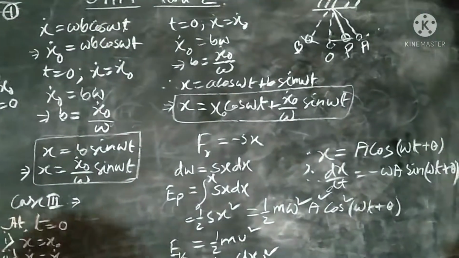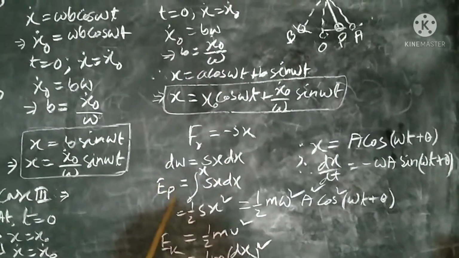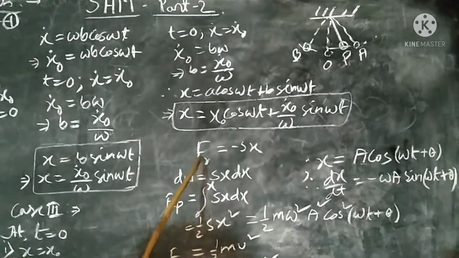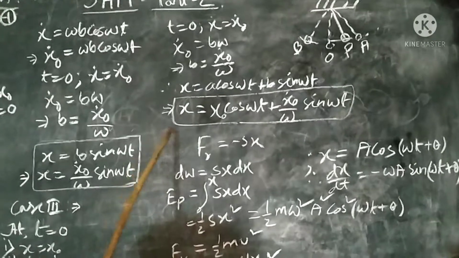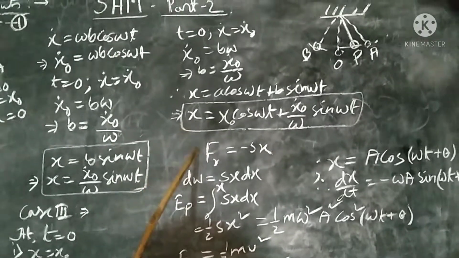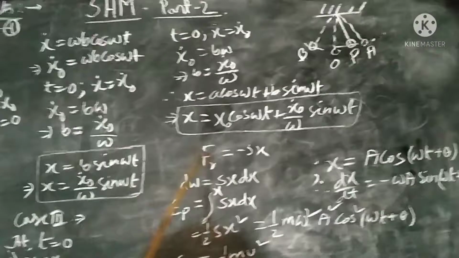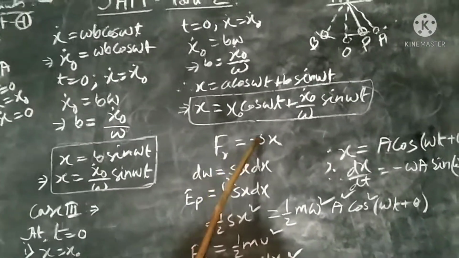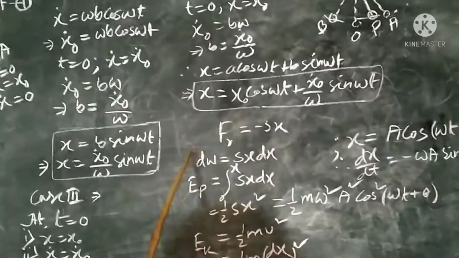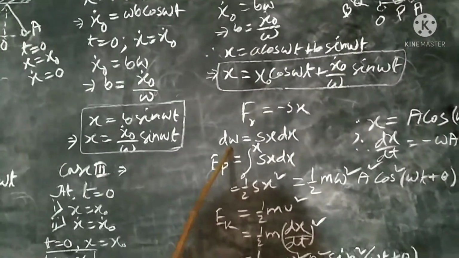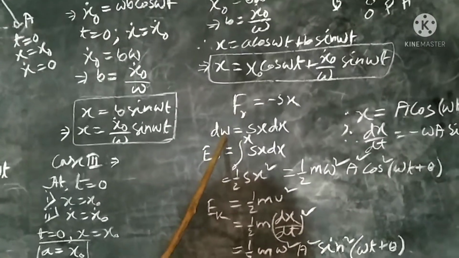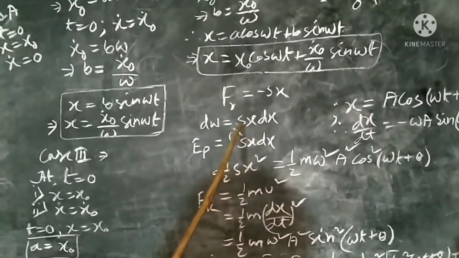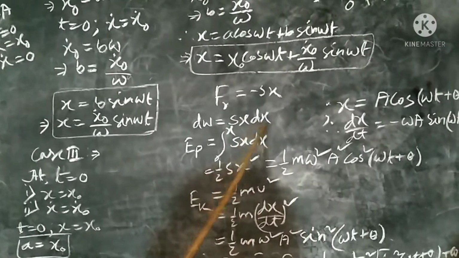Now we will determine the potential energy of simple harmonic motion. From Newton's law and the basic idea of simple harmonic motion, we know that the restoring force F is equal to minus s x. Now applying the force, the further displacement will be dx.